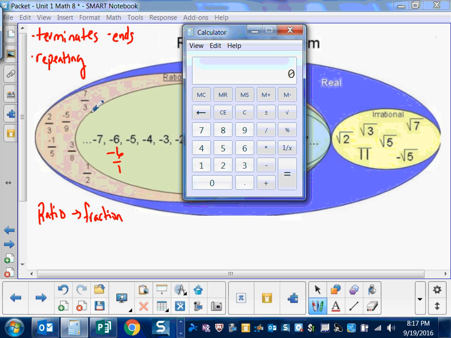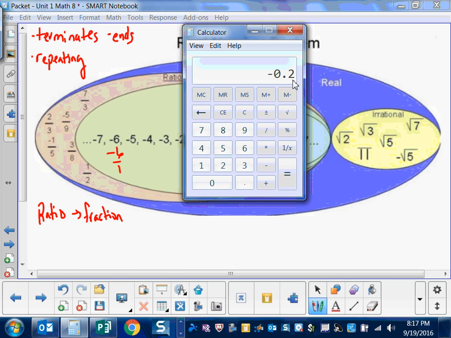So it's a rational number because we can write it as a fraction. So 7 divided by 3 or 7/3. And if I convert that to a decimal, it's a repeating decimal. How about -5/9? That also is a repeating decimal. How about 2/3? That's a repeating decimal. How about -1/5?